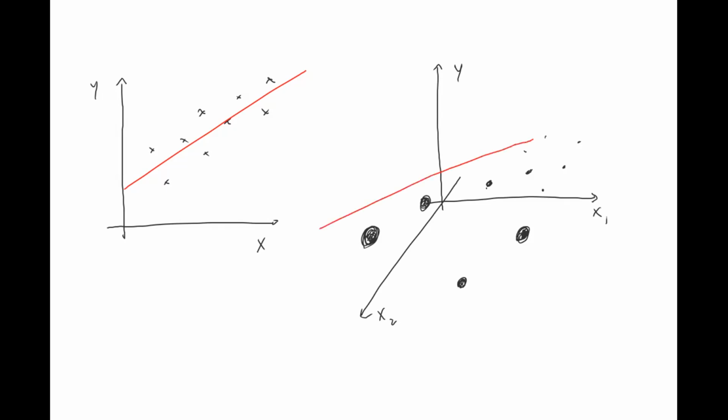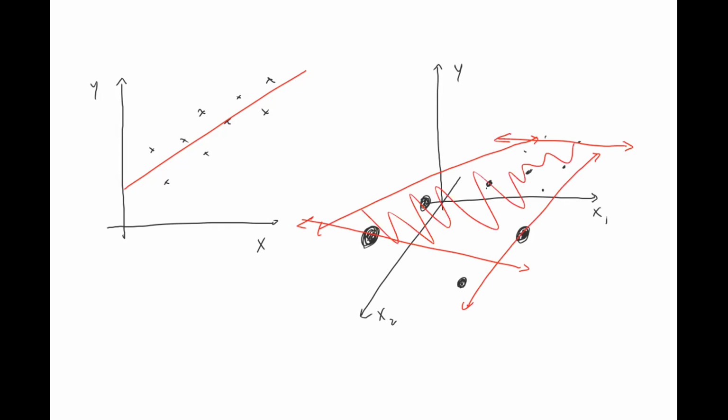Instead of a single line in 3 dimensions, I have this plane. Instead of a line going through a bunch of points, it is now a plane extending through a bunch of points in 3-dimensional space.